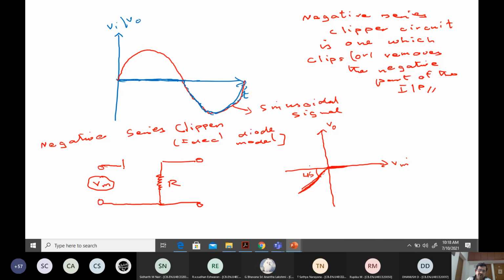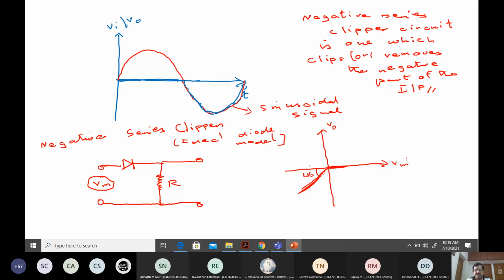We will have the diode under forward bias in this case, because you look at the circuit, in the positive half cycle the diode must conduct so that the signal will appear, and during the negative half cycle, the diode will be under reverse bias. So the diode will not conduct.